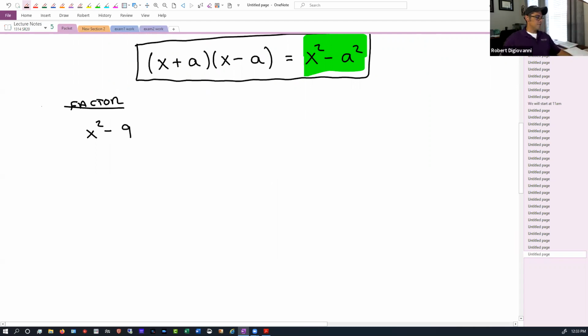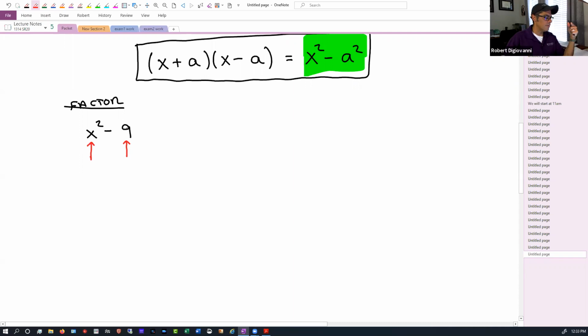Okay, is there a GCF? No. How many terms do we have? 1, 2, right? We have 2 terms. So we're not going to do grouping. We're not going to do AC method. What we're going to do is see if this is a difference of squares. So do we see something being squared here? Well, yeah, right? We see the x being squared. Is 9 something squared?